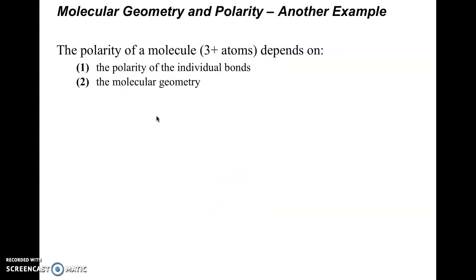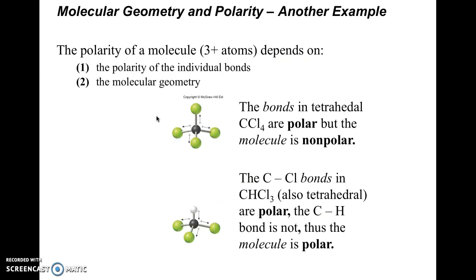Okay, so we are going to look at carbon tetrachloride, and then what happens if you replace one chlorine with a hydrogen. So carbon tetrachloride is tetrahedral, once again a 3-dimensional shape where everything is pulled symmetrically in different directions, and therefore they do cancel one another out, so the bonds are polar, but the molecule is not.